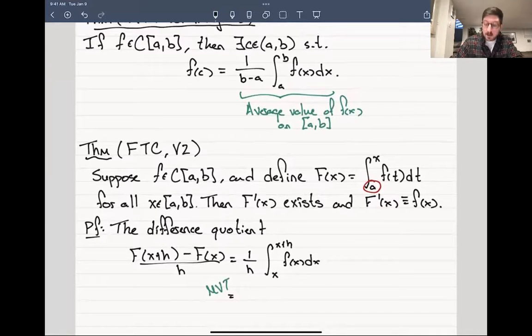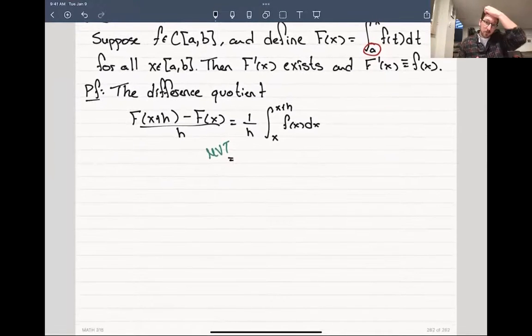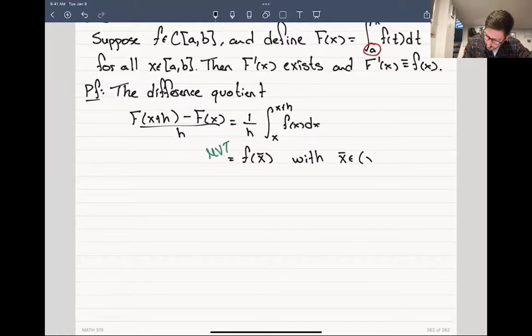And the length of my interval is h, so that's the 1 over h being divided out here. And so the mean value theorem for integrals tells me that this thing is just equal to f of some x bar, with x bar between x and x plus h.